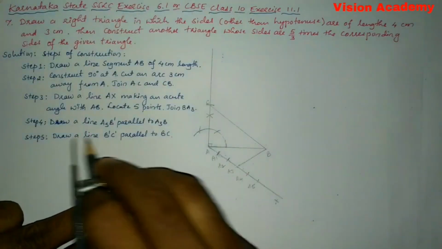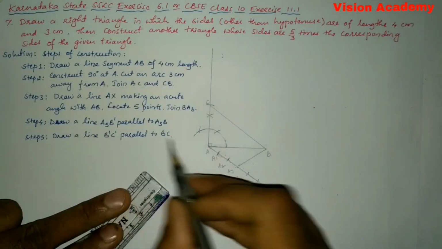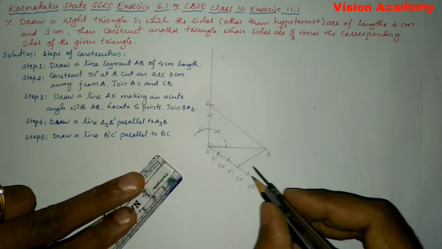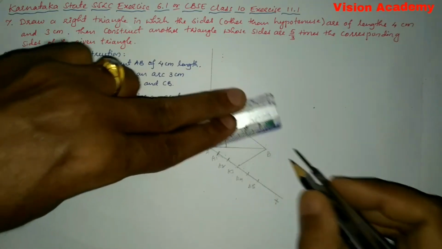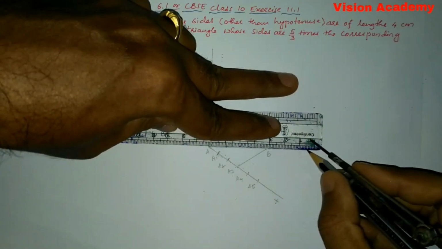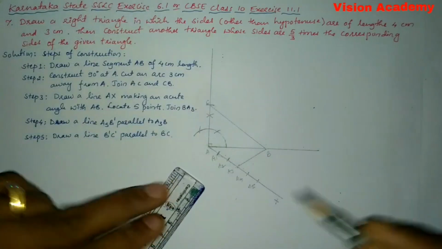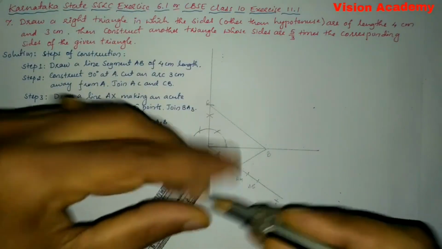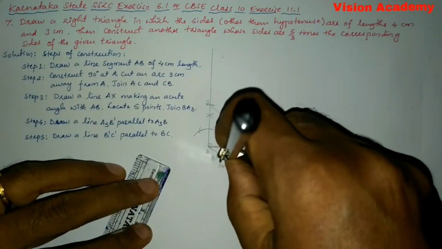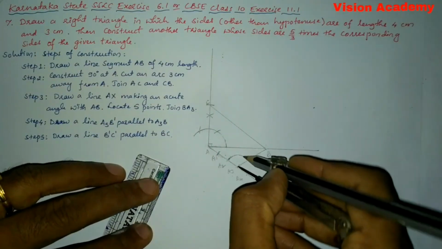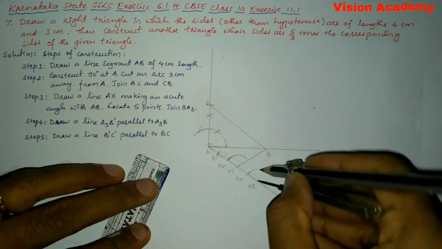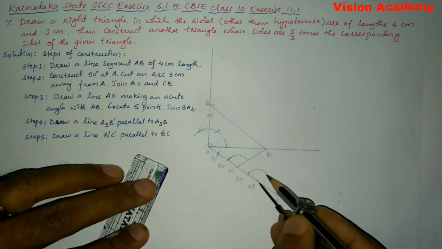Now step 4: draw a line A5B dash parallel to A3B. In order to draw a line parallel to A3B, let me extend this particular line. Let me draw a curve here, and keeping on A5, we are going to draw another curve.